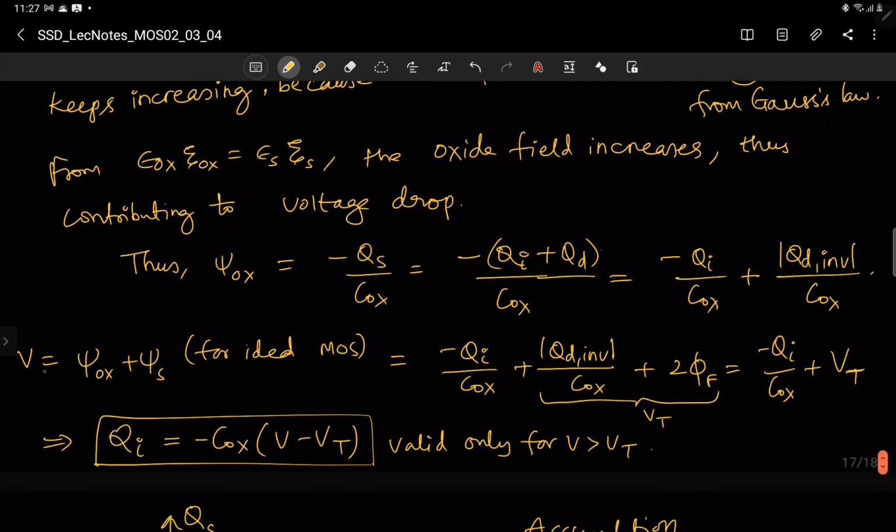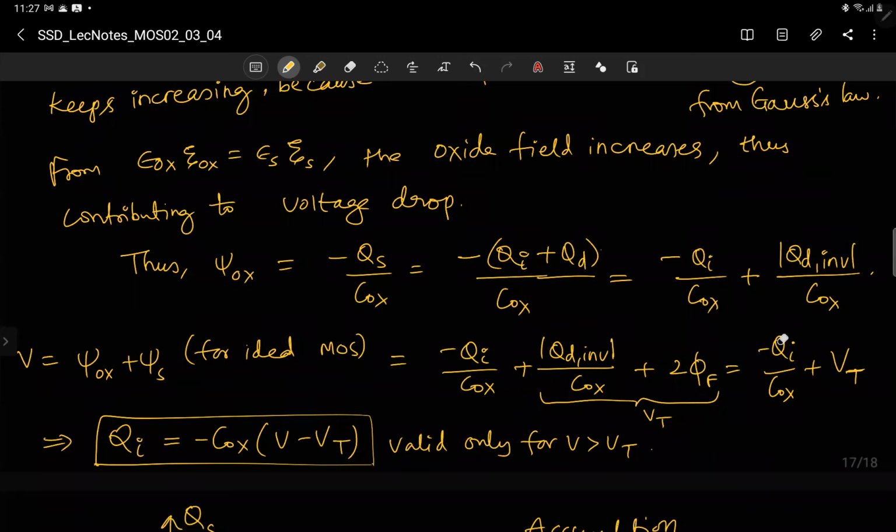And from Kirchhoff's voltage law, KVL, V is equal to psi ox plus psi s for an ideal MOS. That is equal to minus QI by Cox plus this second term plus 2 phi f. This is psi ox from here, and psi s is approximately 2 phi f, as we have seen. If you join these two, it is VT.